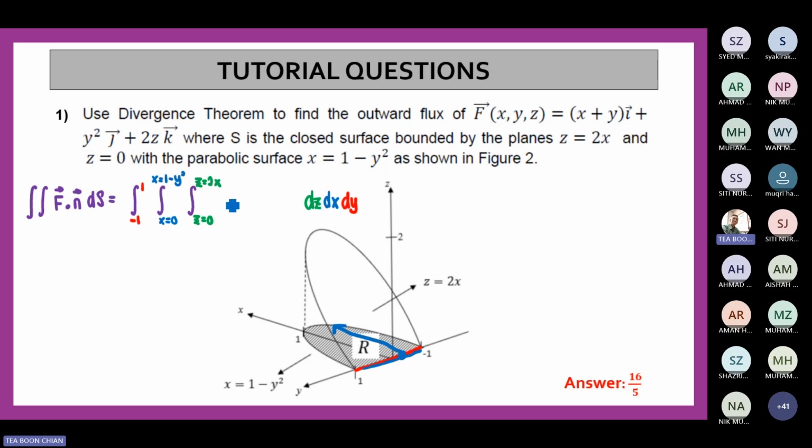What is left inside in the middle will be the divergence. This time we compute the divergence lastly, because for the Cartesian coordinate system, some of you, I believe, are still confused playing around with the xyz coordinates. Again, I want to disclaim one more time, I use dz, dx, dy here because I can analyze this information straight away from the problem. If you want to change the order, yes, you can still do so.